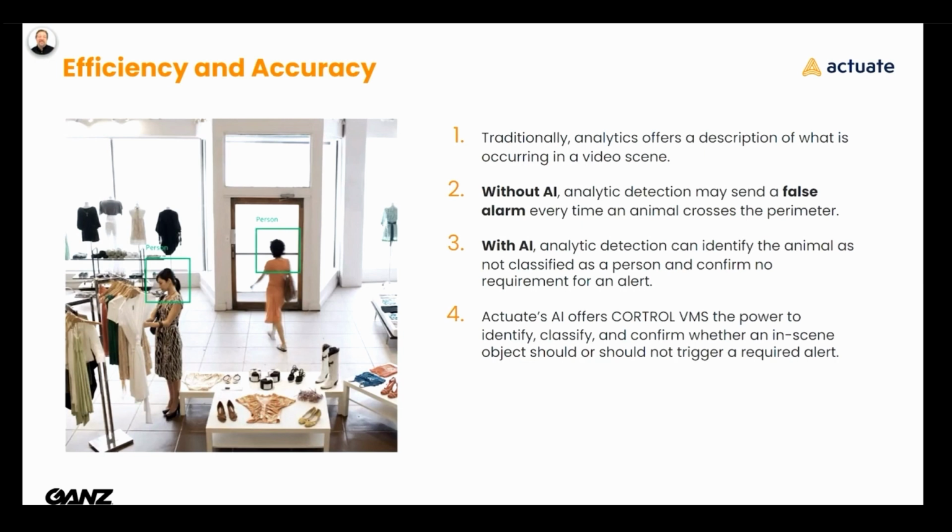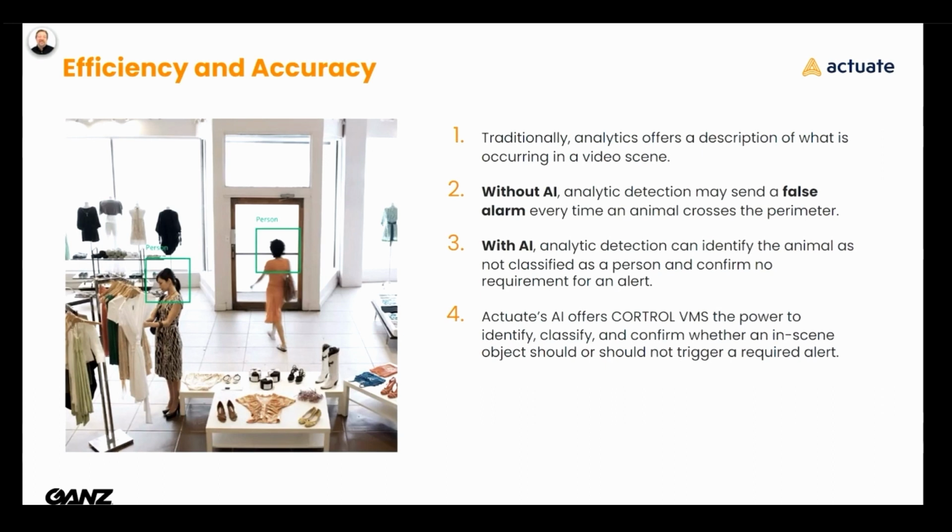Without AI, the analytics always have the potential of misinterpreting an object and saying that it's an object of interest. It could be an animal crossing a perimeter, for argument's sake, and you can get a notification on that as a false positive, because the analytic doesn't necessarily know that you want to know when it's a person. AI brings that intelligence.